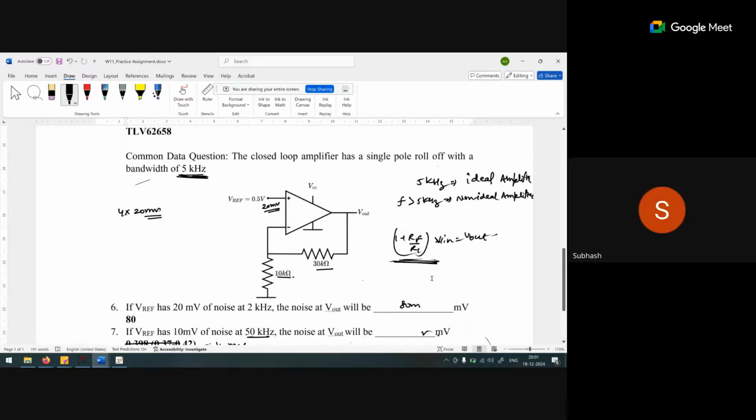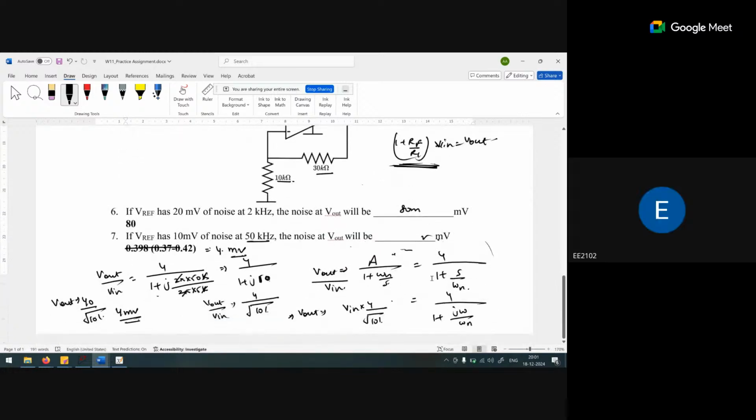So if this is a standard formula, the standard formula that you learned in week 6 or week 7. Yes, sir. Okay, so we are using the standard formula, only using this particular formula and putting the values.